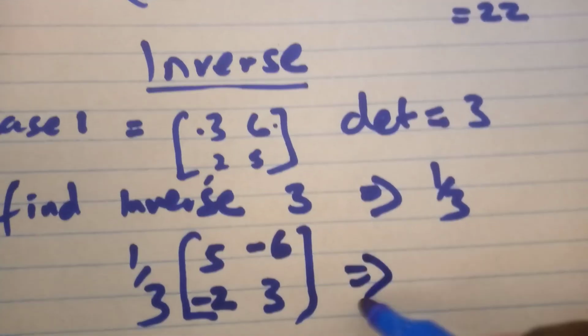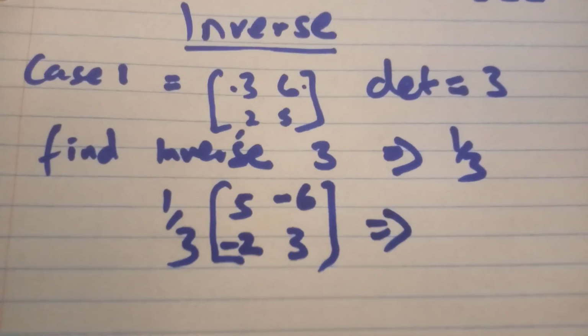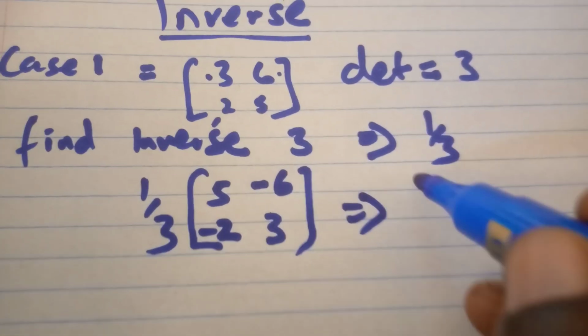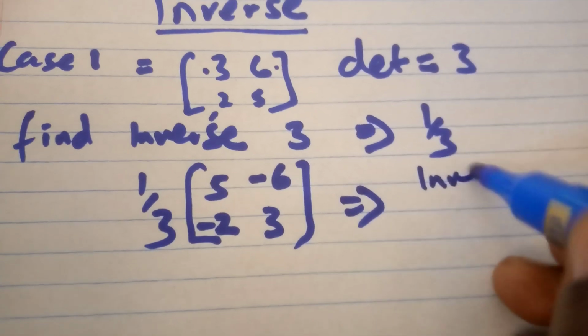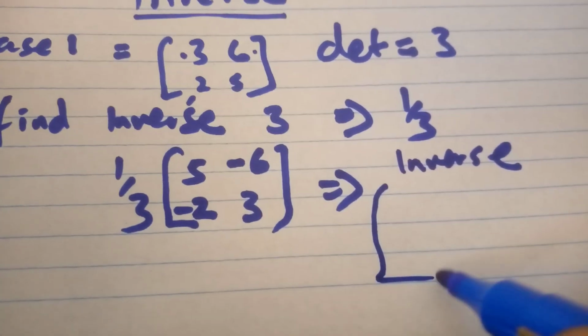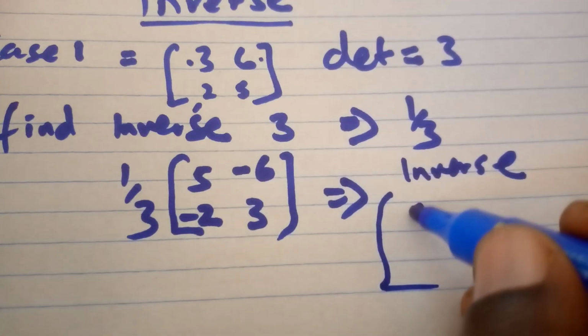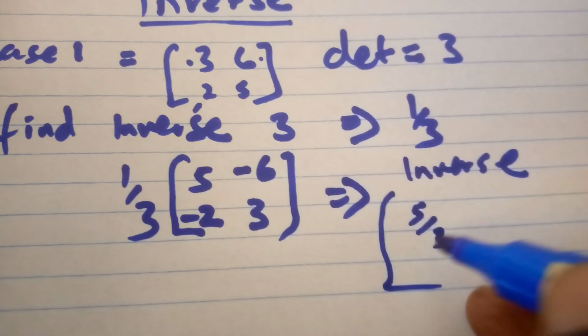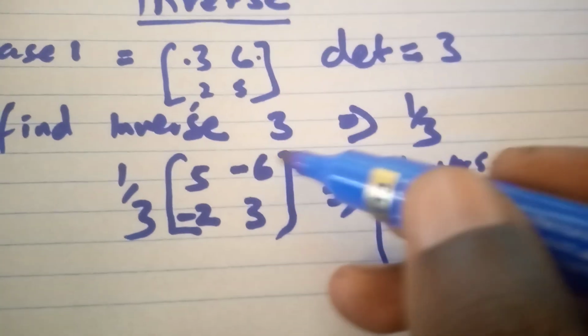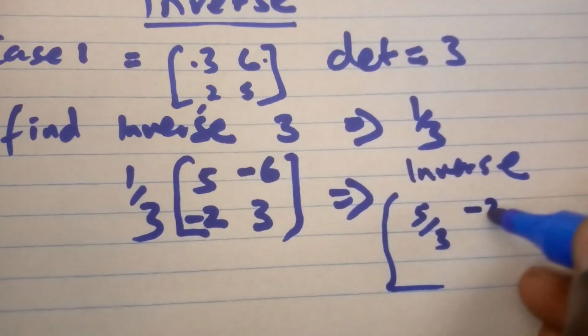So when I open this matrix using a third, now my inverse is going to change to 5/3, and then a third times -6, that is -2.